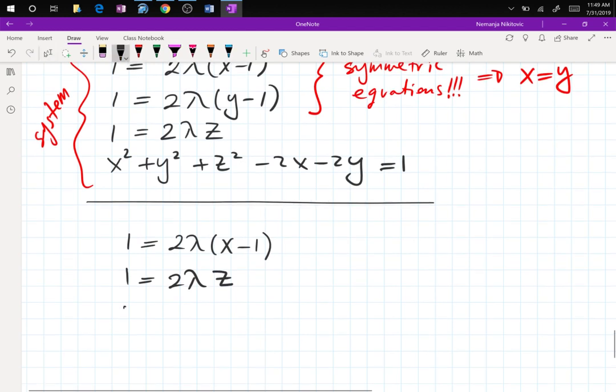And then finally we have 2x squared, because y squared becomes x squared, plus z squared minus 4x equals 1, because the y becomes x, and then minus 2x minus another 2x is minus 4x.